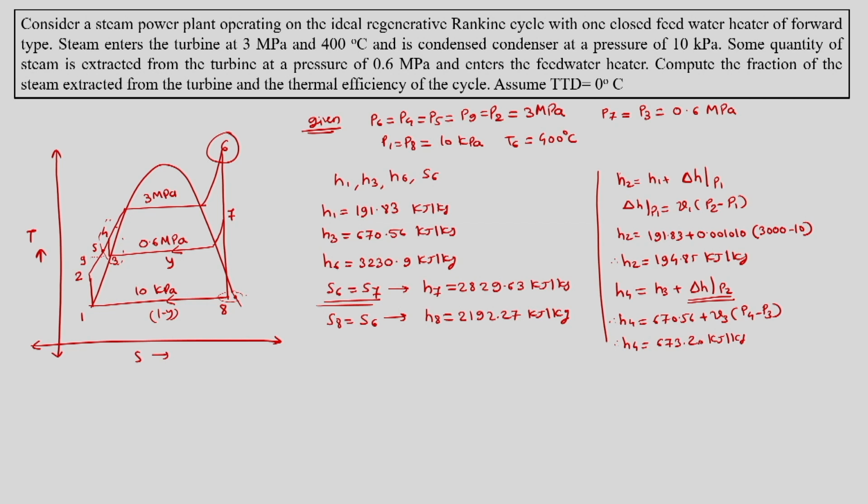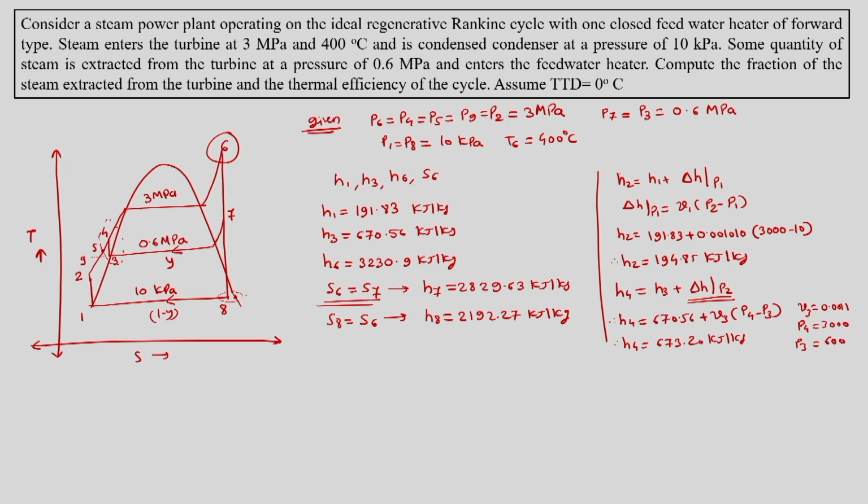Here nu 3 is equal to 0.0011, P4 is equal to 3000 kPa and P3 is equal to 600 kPa. So, knowing all this, we would find out H4.